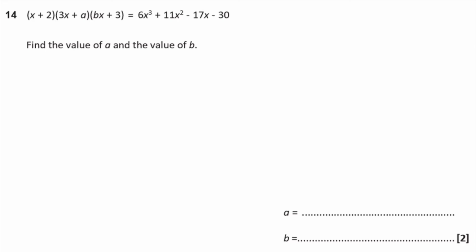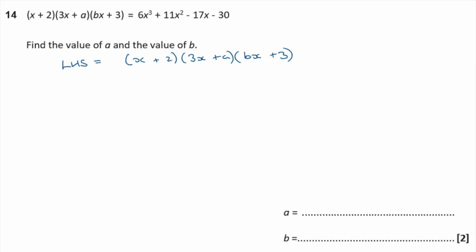So I'm just going to start with one side. I'm going to start with the left hand side of this. I don't want to deal with everything all at once. So I've got (x + 2)(3x + a)(bx + 3).